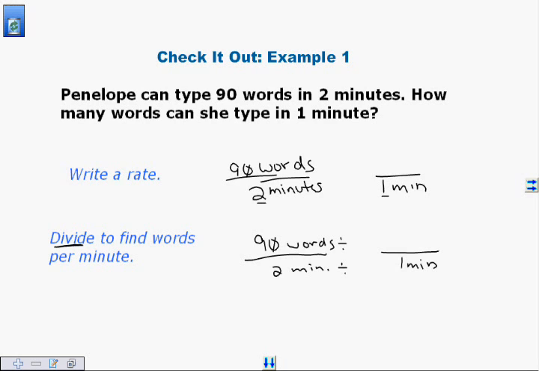To get 2 to 1, we divide by 2. 90 divided by 2 is 45. So Penelope could do 45 words per minute, or 45 words in 1 minute. And that is our unit rate, since our second quantity is 1. Our denominator is 1.